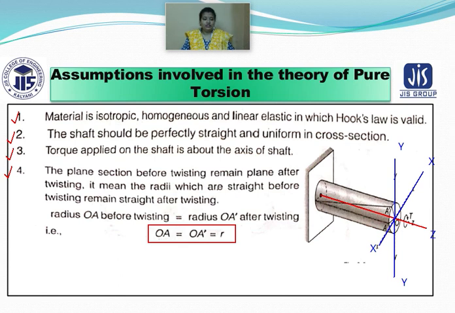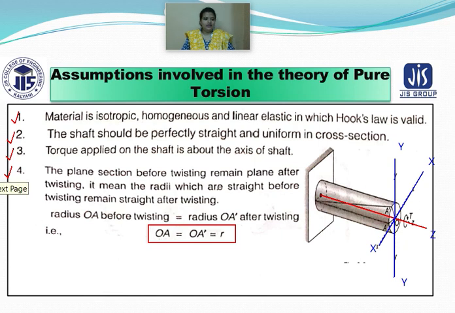According to one of the assumptions involved in the theory of pure torsion, the plane section before twisting remains plane after twisting also. That's why we are able to write this particular theory.